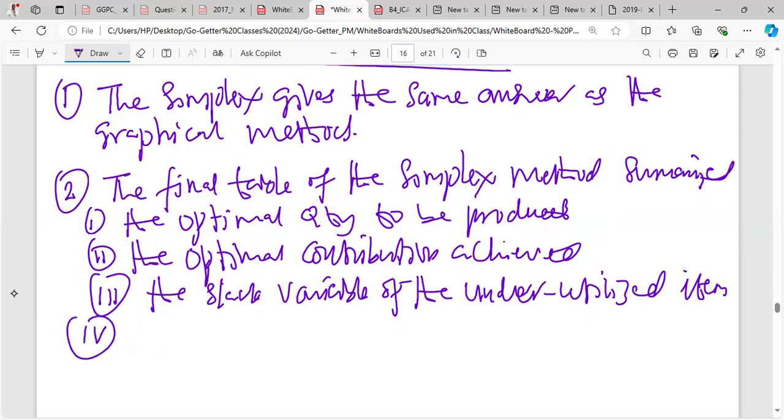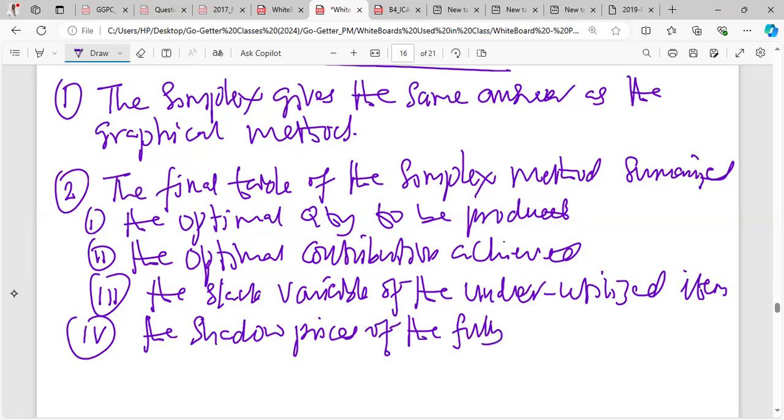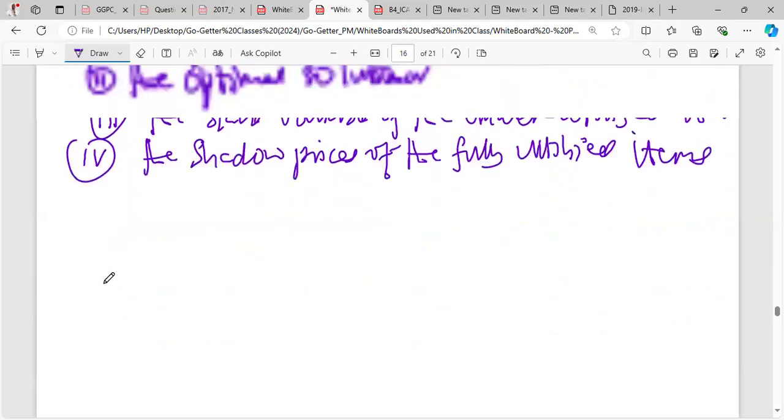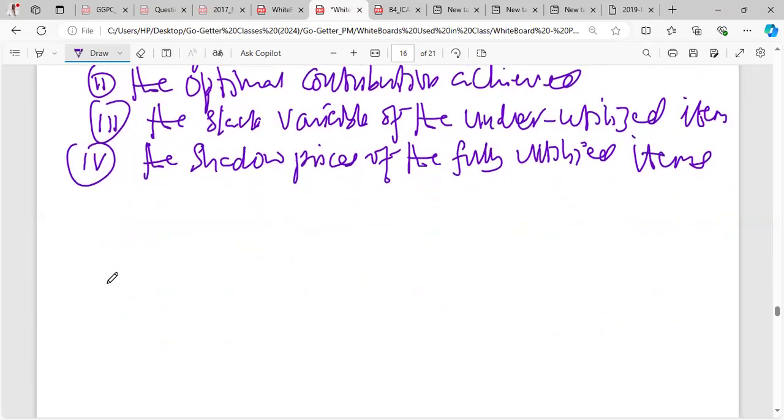Four, the shadow price or prices of the fully utilized items. So it covers everything.